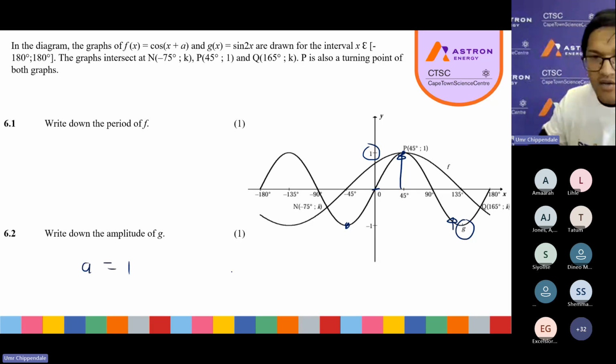But remember, another way you can do it is to look at the value that's written in front over here. This is G of x. There's a value next to my sine. I don't know if you can see it on top of the slide there. There's no number, so we know that's 1.